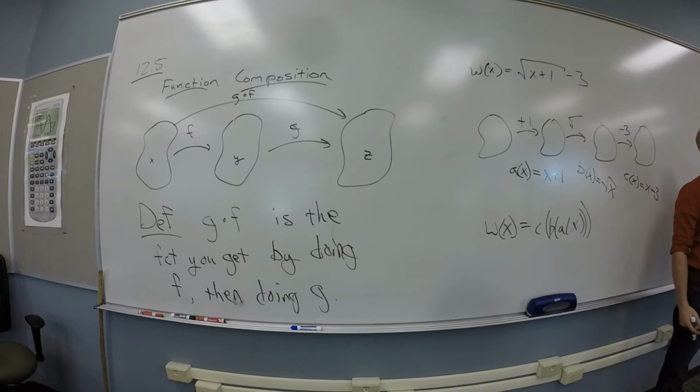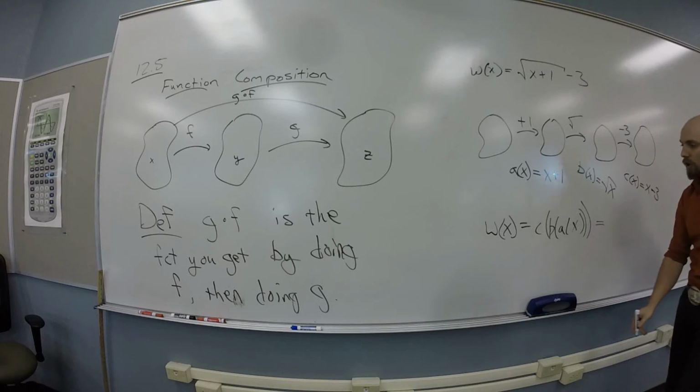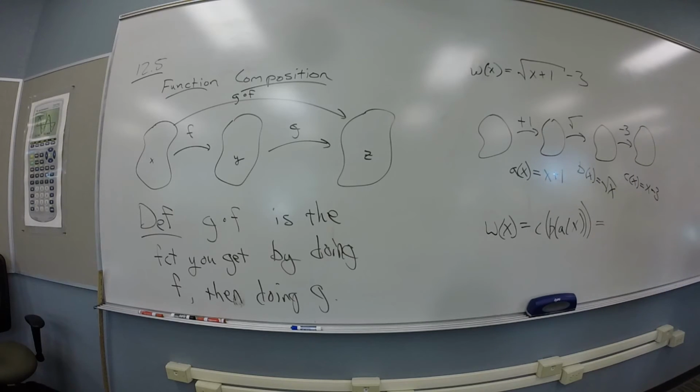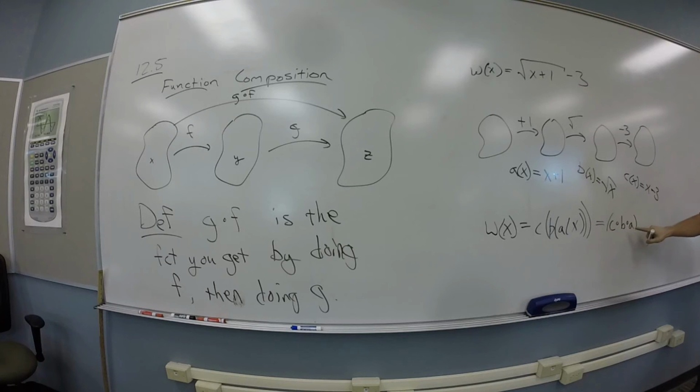So if I want to write this in a slightly more elegant way, I could use my new toy. So how do I use my new toy? C circle B circle A of x. Okay, I'm doing C composed with B composed with A to x. See that? This is just a new way to name rules, right?